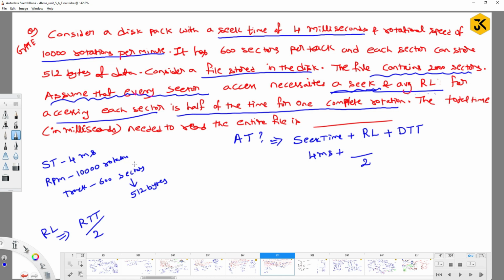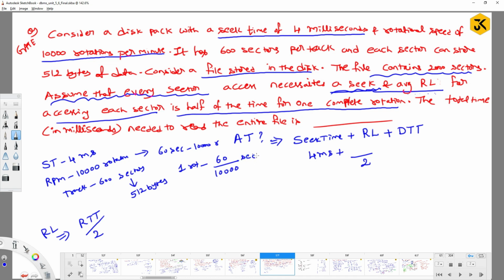One RTT means one rotation, right? In 60 seconds, it is going to make 10,000 rotations. For one rotation, it is going to take 60 by 10,000, which is in terms of seconds.